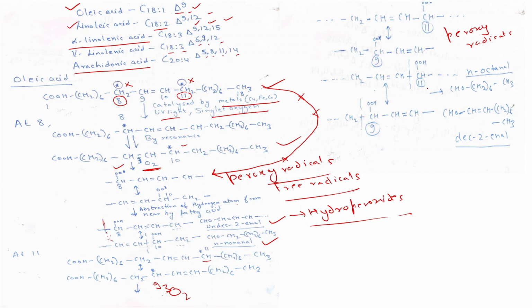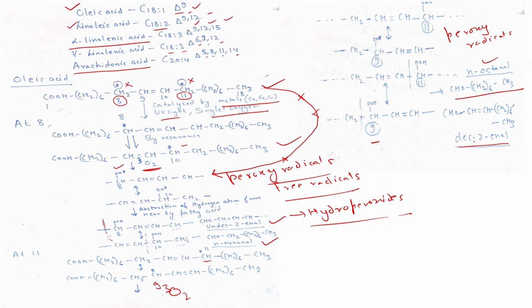So if the point of attack is 11, then it will give rise to octanal, as we can see here that octanal formation will be there, because the cleavage bond will be here. And if the point of attack is 9, then the compound formation will be decenal, 2-enal.